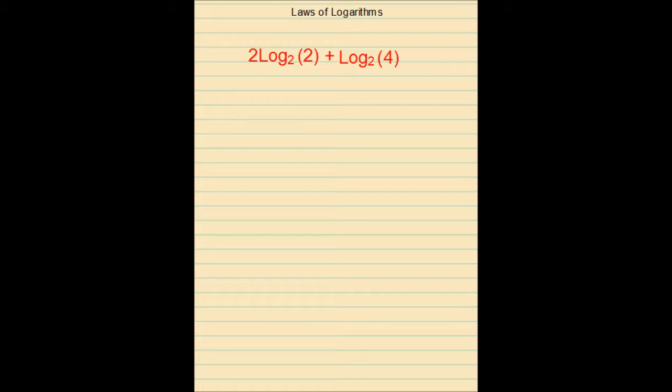So this is a question that I mentioned earlier. We can't use the first law of logs because it's got to be log on its own that we're adding. Log something, add log something. But we can use the third law of logs. We'll bring that 2 around. I can simplify.